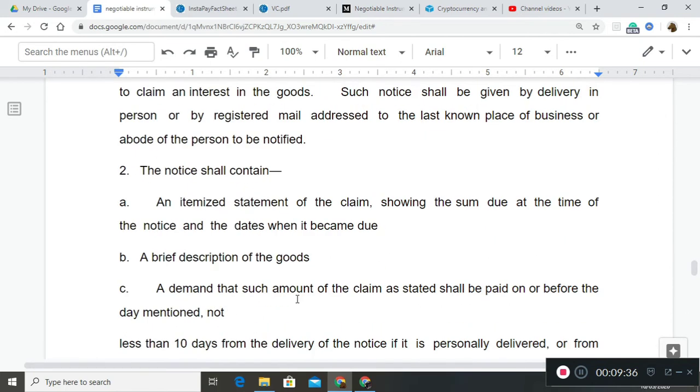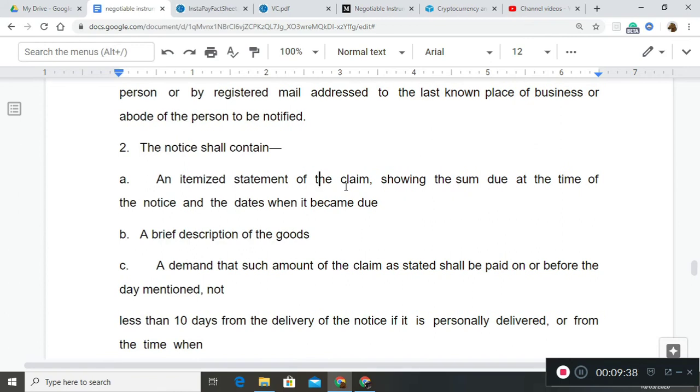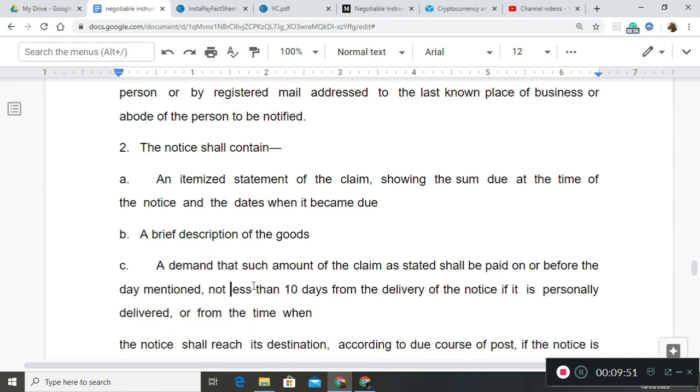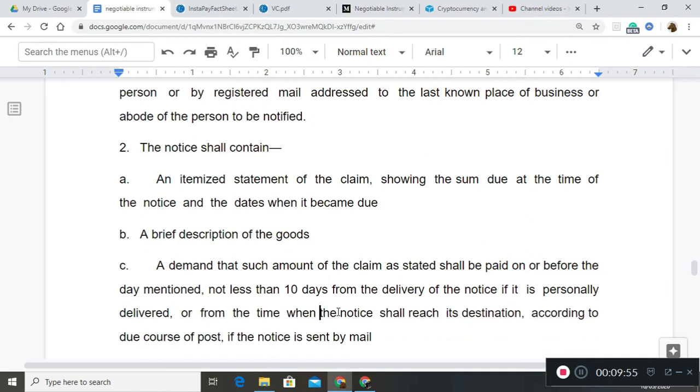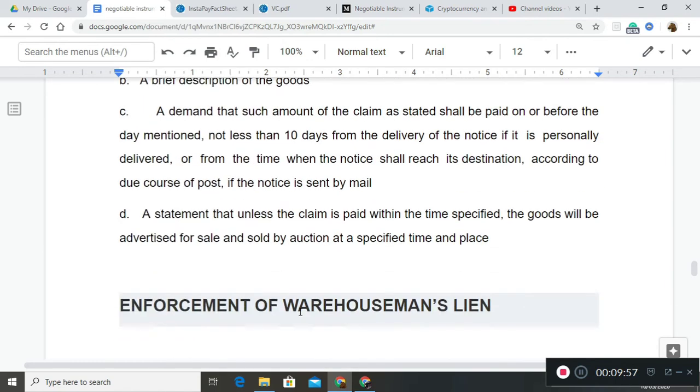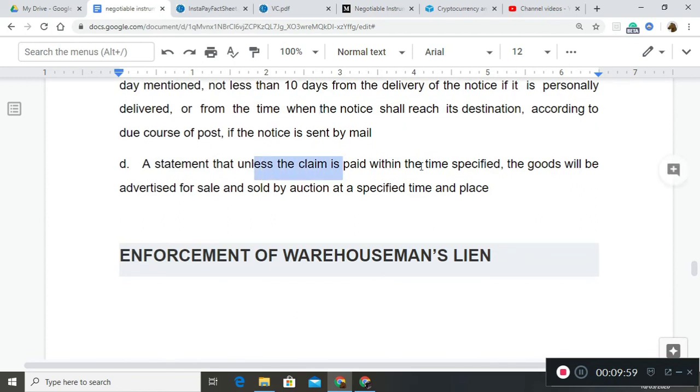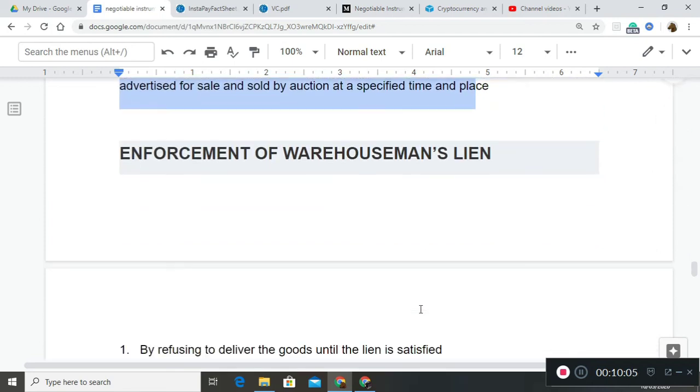Our notice shall contain an itemized statement of the claim showing the sum due and the dates when it has become due, a description of the goods, and a demand that such amount of claim as stated shall be paid on or before the day mentioned. A statement that unless the claim is paid, the goods will be advertised for sale and sold by auction at a specified time and place.